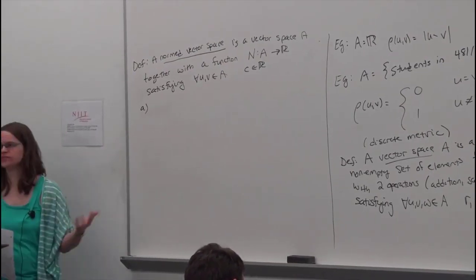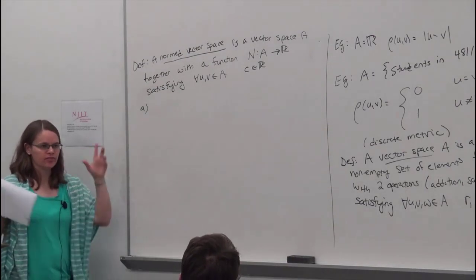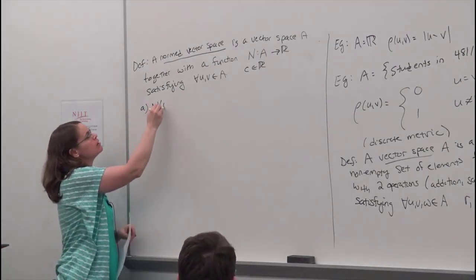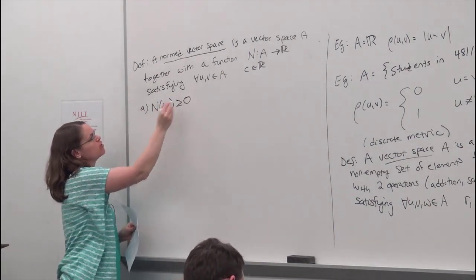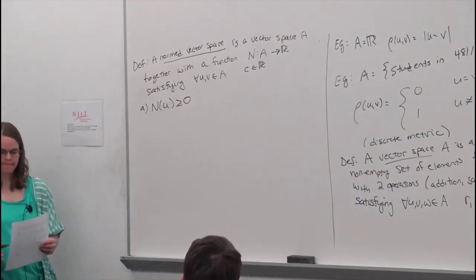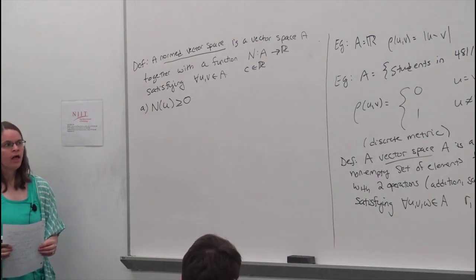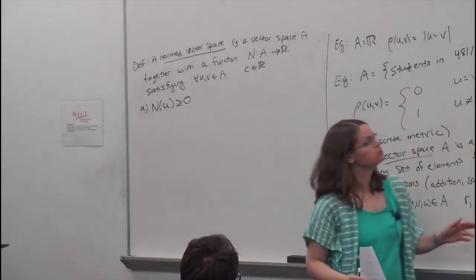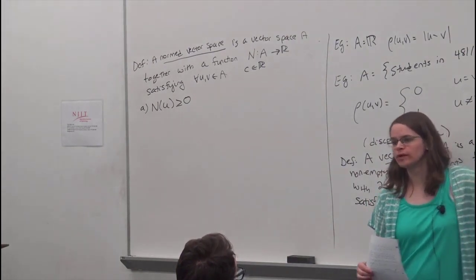Again, we're going to have a positivity condition: when we start talking about the size of an object, we want it to be non-negative. So the norm of u should always be non-negative, and we should get equality only if we're talking about this zero element.